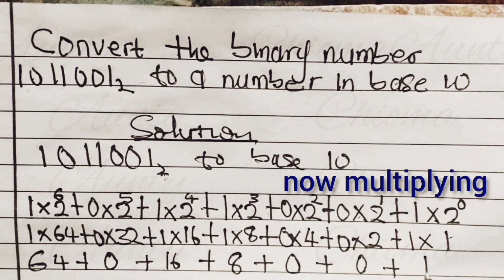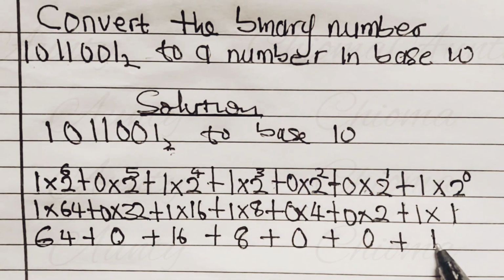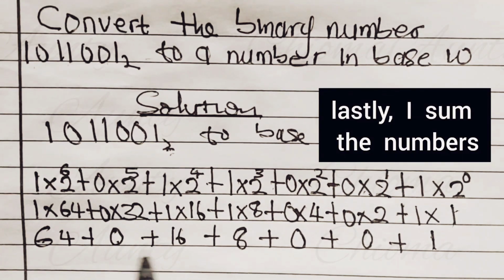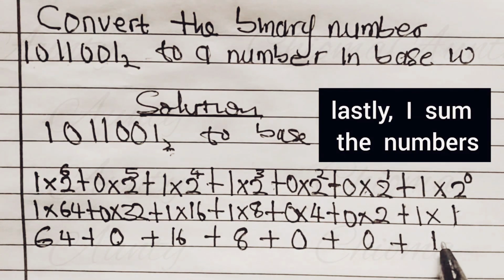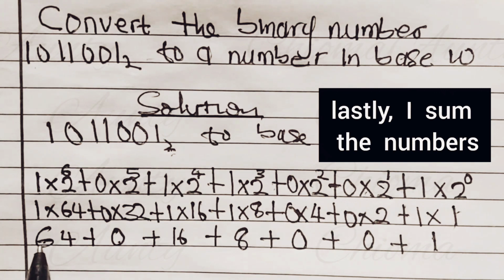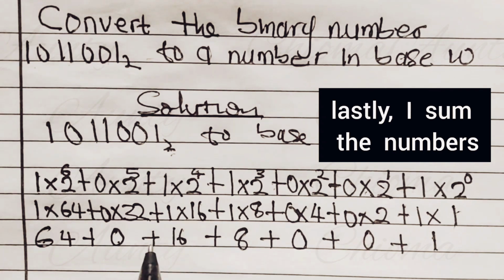We continue. Now we sum up all these numbers. We start with this 64. 64 plus 0 is 64. 0 is nothing. Plus 16 gives us 80.